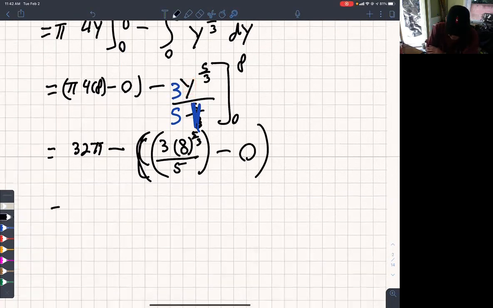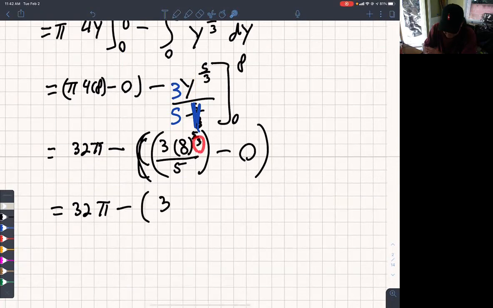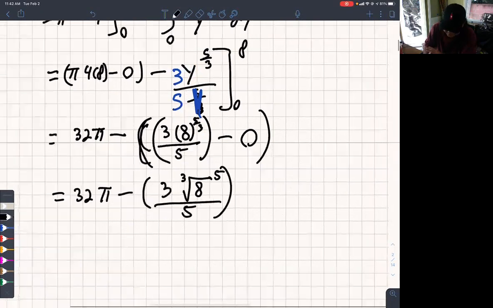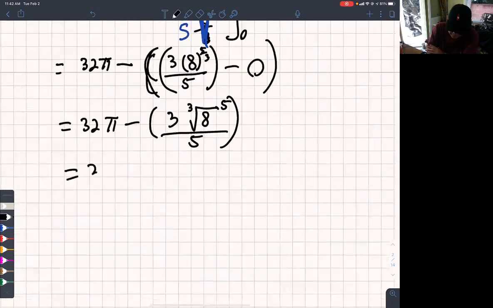We're almost done. So this is saying the cube root of 8. So to make it more obvious to you, I'm going to write it like this. My first question, what's the cube root of 8?